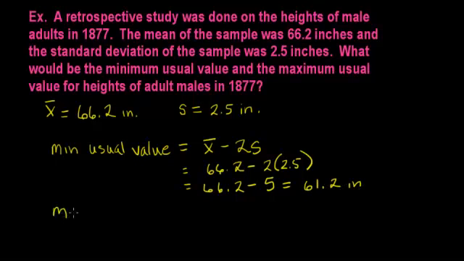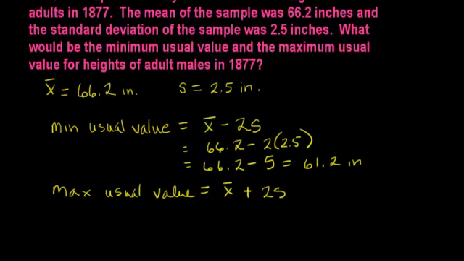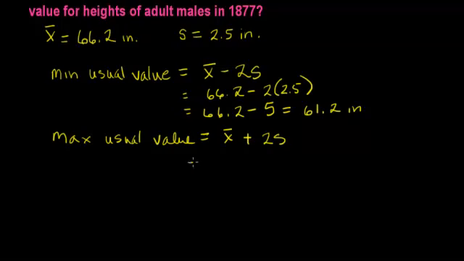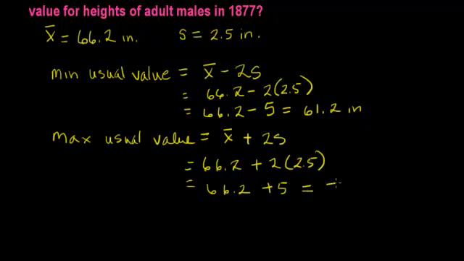The maximum usual value would be equal to the mean plus 2 standard deviations. So we'd have 66.2 plus 2 times 2.5, or 66.2 plus 5, which would give us 71.2 inches.